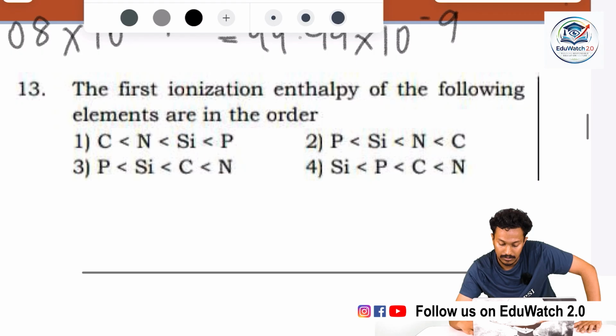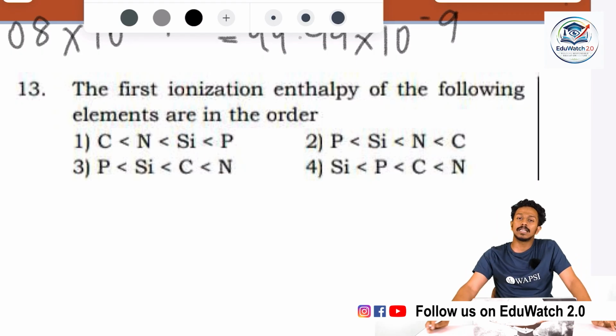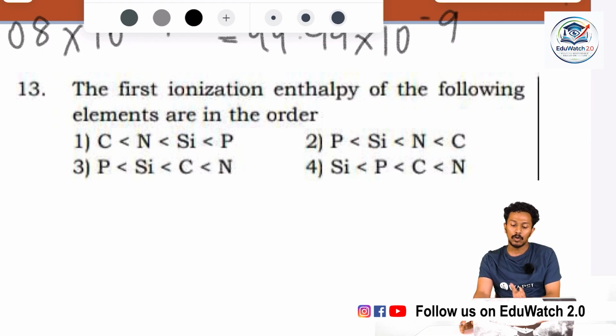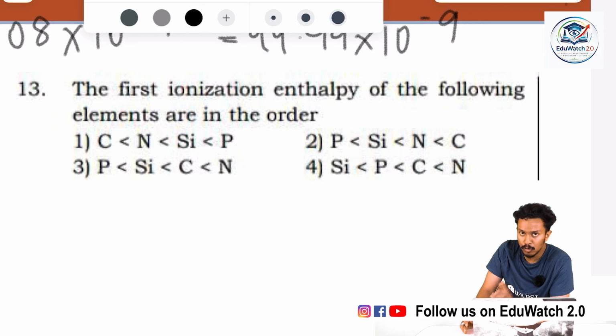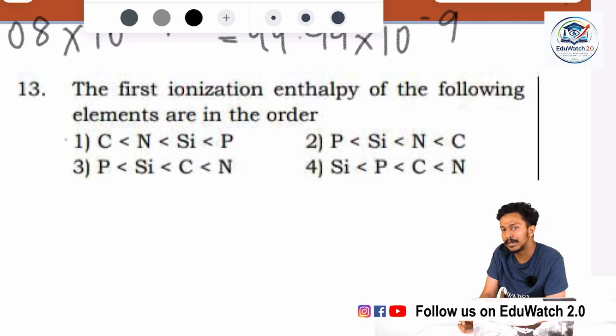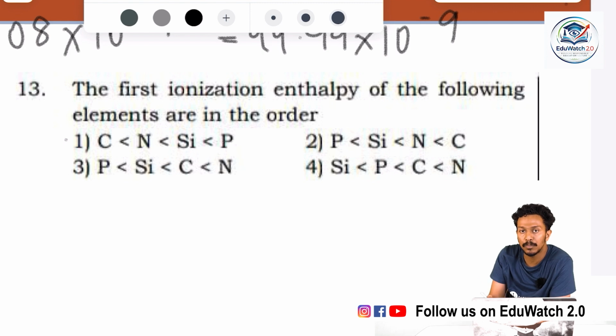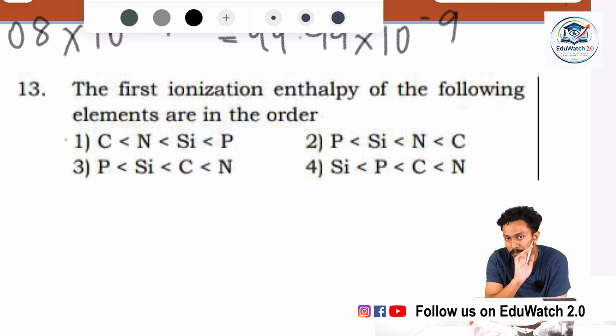So the next question is, the first ionization enthalpy of the following elements are in the order. We do know that the ionization enthalpy increases from left to right in a periodic table and decreases from top to bottom. So here there are 4 elements: carbon, nitrogen, silicon and phosphorus. Here ionization enthalpy increases from carbon to nitrogen. So carbon will be the highest one.